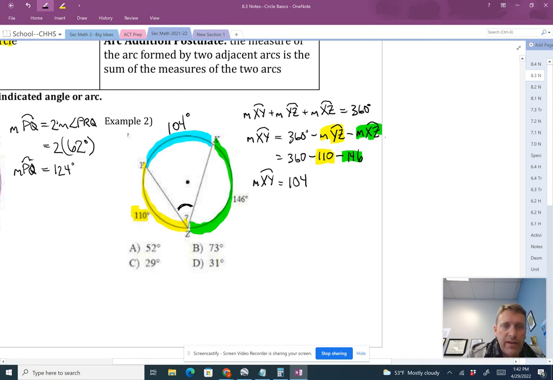And remember that the inscribed angle is half, so the measure of angle yzx is equal to 104 divided by 2, because it's the inscribed angle of the intercepted arc. And so the measure of angle yzx is equal to 52. And that would be option A.